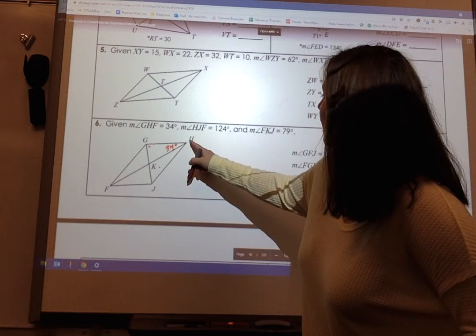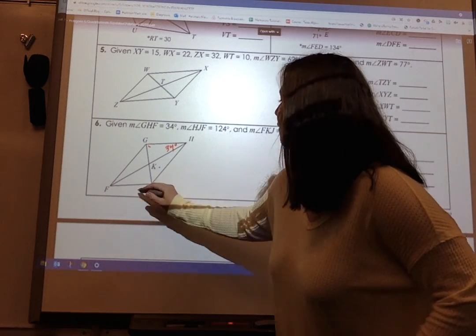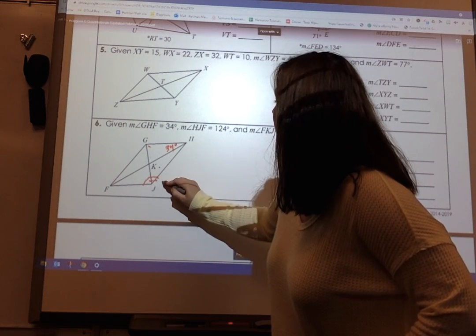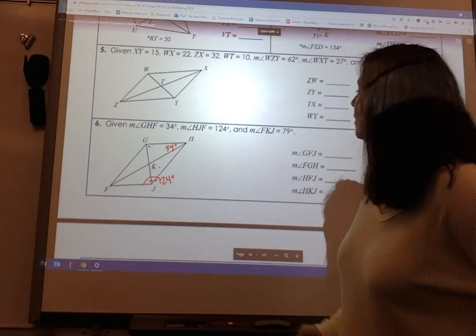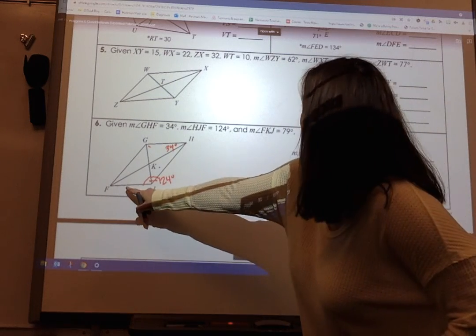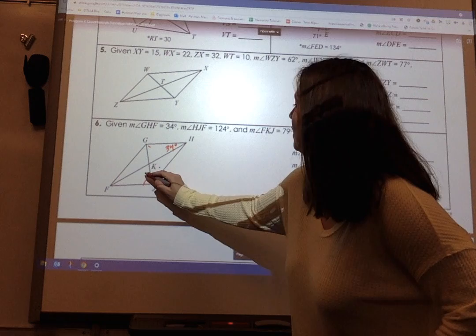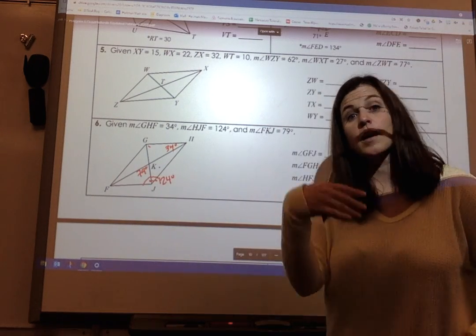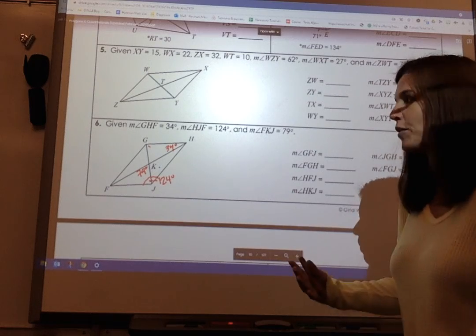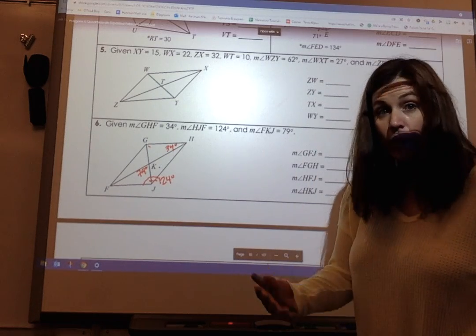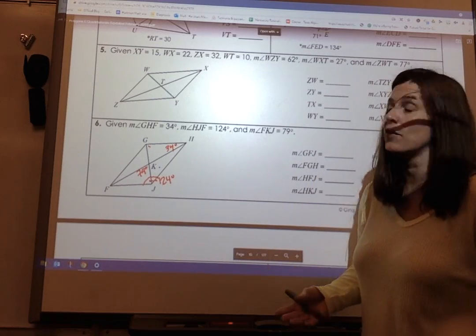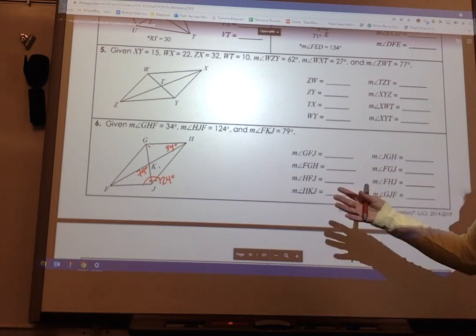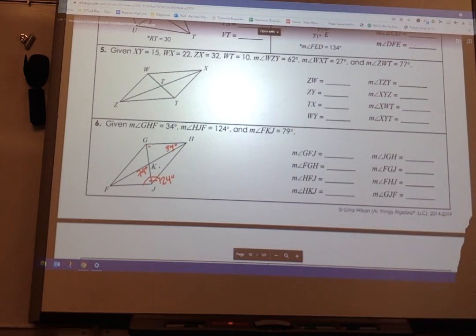I know that HJF is 124 degrees, and FKJ is 79 degrees. So you still have parallel lines cut by transversal, alternating interior angles. You still have vertical angles. You still know that a triangle is 180 degrees. So knowing all those qualities, along with our new ones, we can still fill in the blanks.